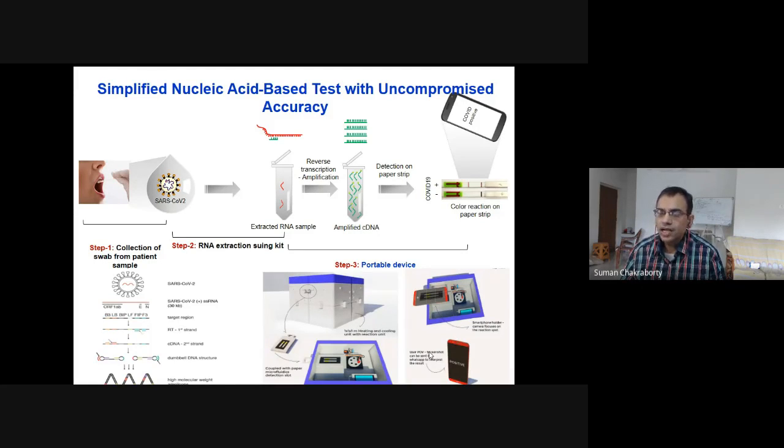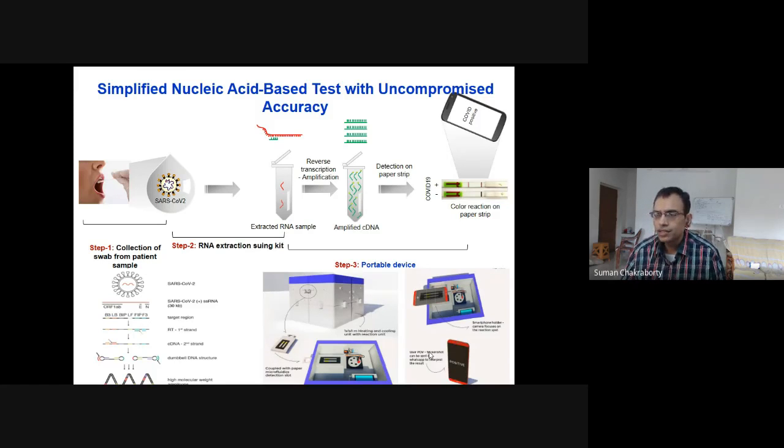The gold standard RNA-based diagnostic testing is based on a principle known as the RT-PCR technique, which is summarily the reverse transcription where the RNA is converted to DNA.